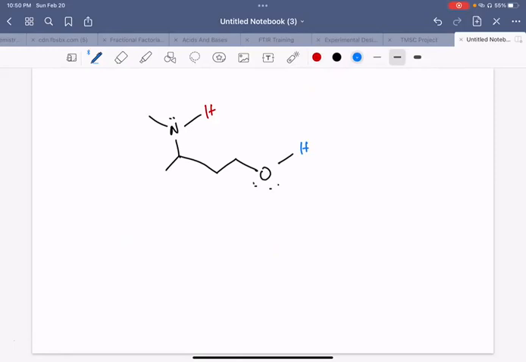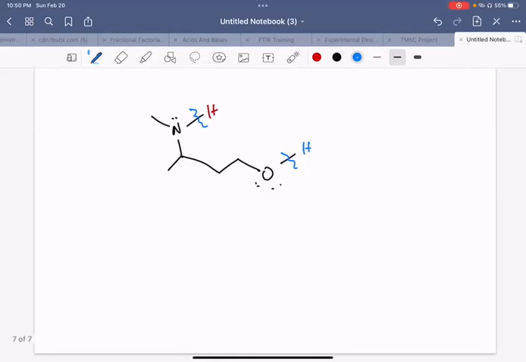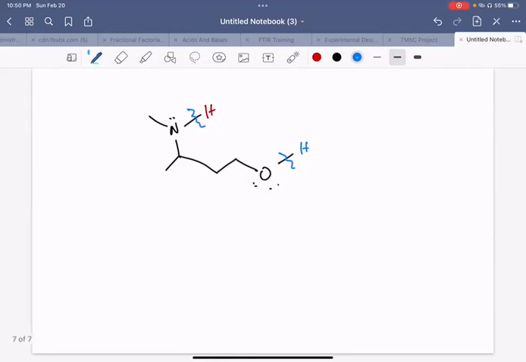Okay, so first what you're going to do is you deprotonate, you convert the two into their conjugate base. Okay, so what we're going to do is we delete this, and we have this.